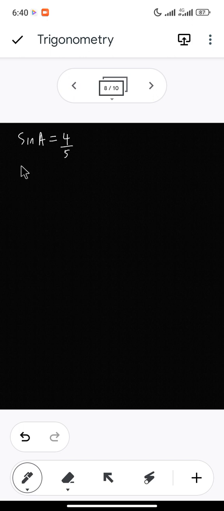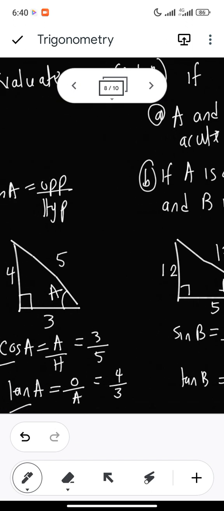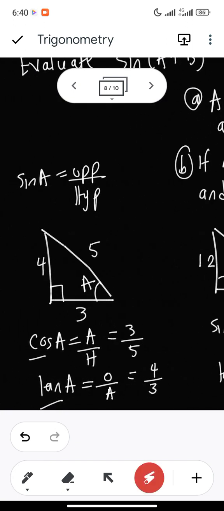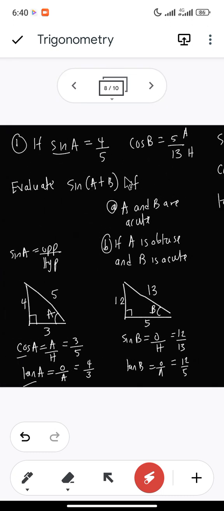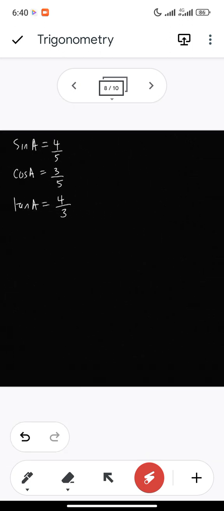But when we solve, we got cos A to be 3 over 5, and we got tan A to be 4 over 3. This is where we got all these from. We solved for this, and the question gave us sine. So yeah, now back to this again.